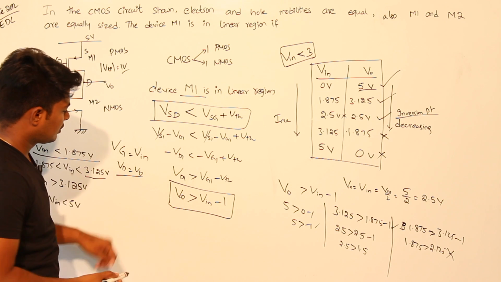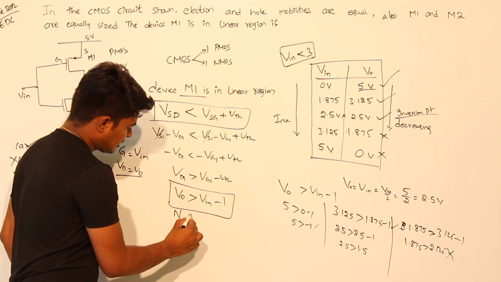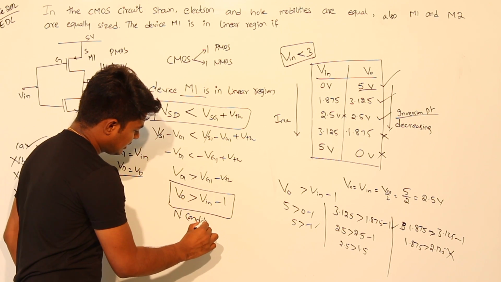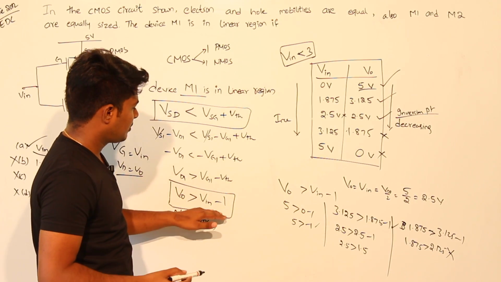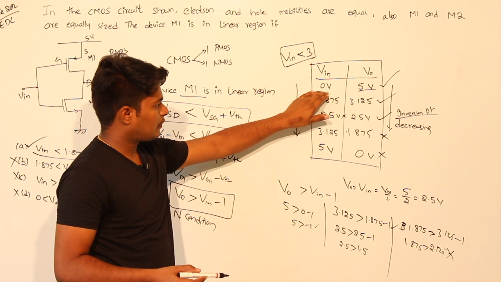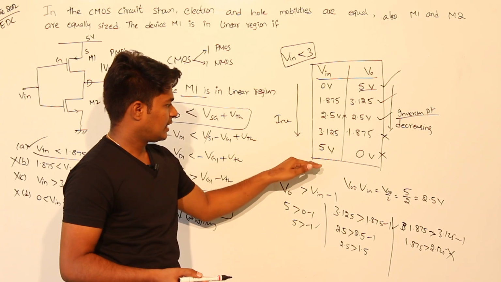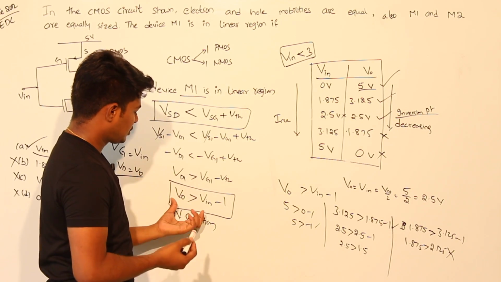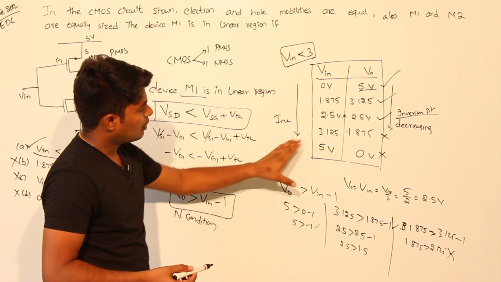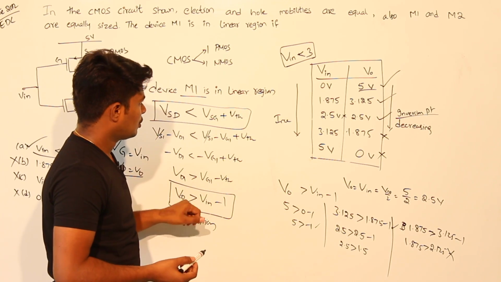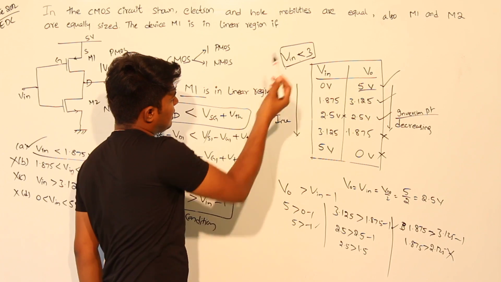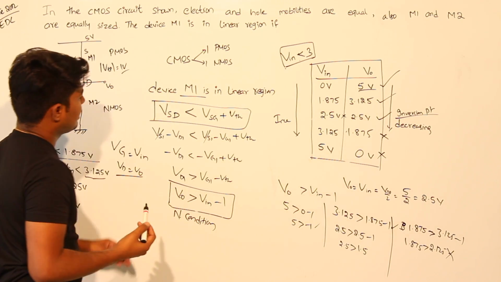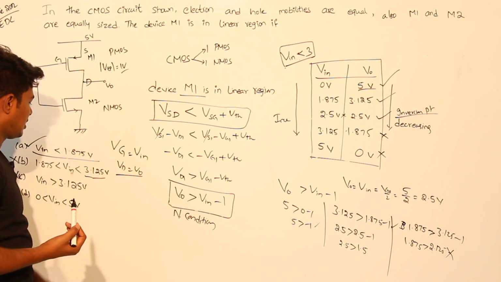We found the necessary condition such that M1 is in linear region, and then we tabulated some values. We know that for 0 volts V out is 5 volts, and if V in is 5 volts, V out is 0 volts. Then we directly substitute in this equation and check which values hold true. So finally, if V in is less than 3, then only M1 is in linear region. So the answer is option A.